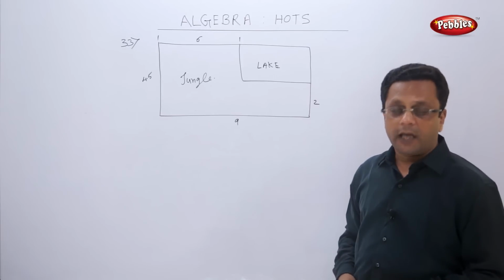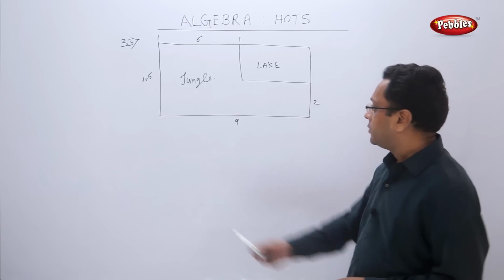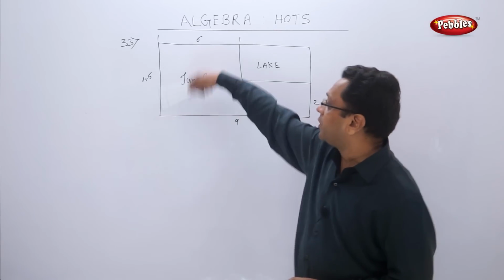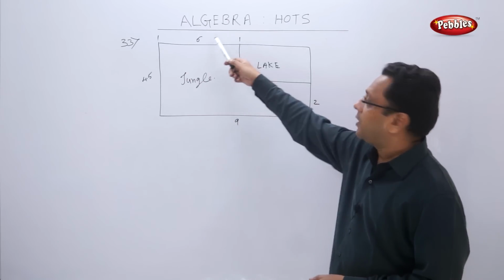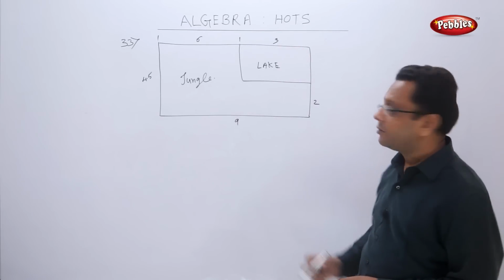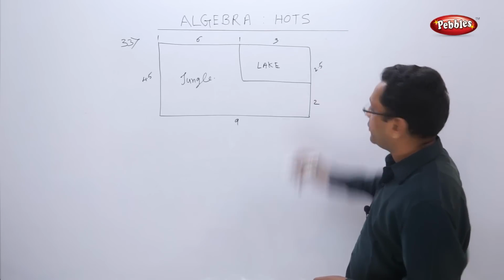Okay? First of all we'll fix the dimensions, as they have not given the complete dimensions. The total breadth of the area is 9, the width of the area is 4.5. Here they have given 6, 9 and 6. So the lake is 3 here and 4.5 and 2, so we have 2.5 here.